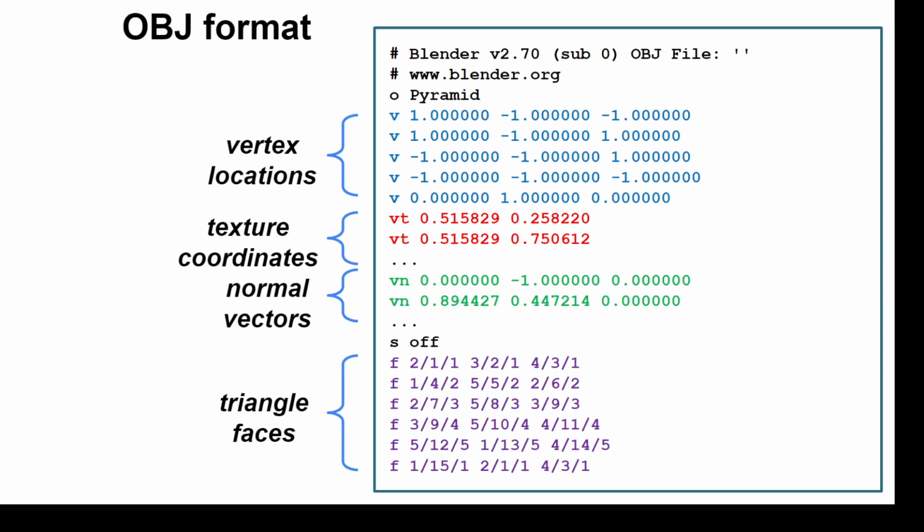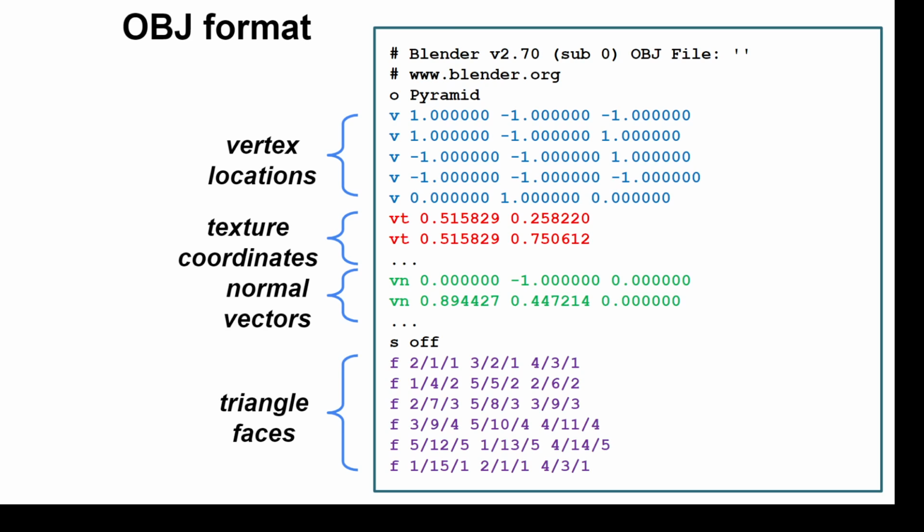So you can imagine how important it is to have some sort of model format, right? You don't want to create everything as code. There are lots and lots of different file formats. OBJ is one of the simpler ones.